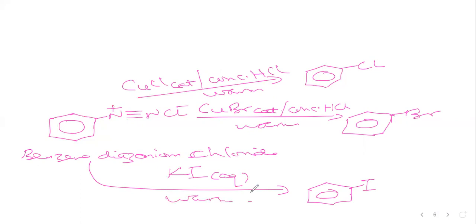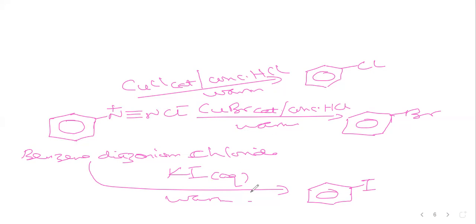So the benzene diazonium chloride is a very good tool for synthesis. It's a very good compound for synthesis because it can yield all aryl halides that we know that are synthesizable: chlorobenzene, bromobenzene, and iodobenzene.